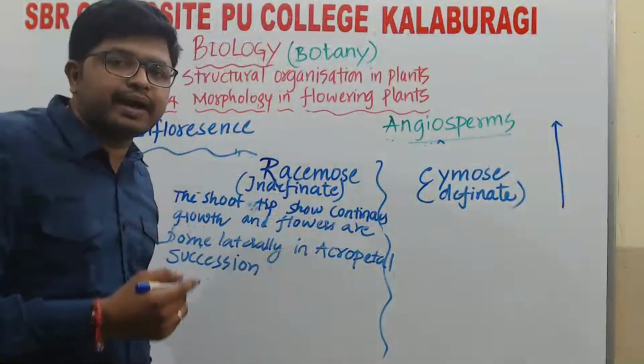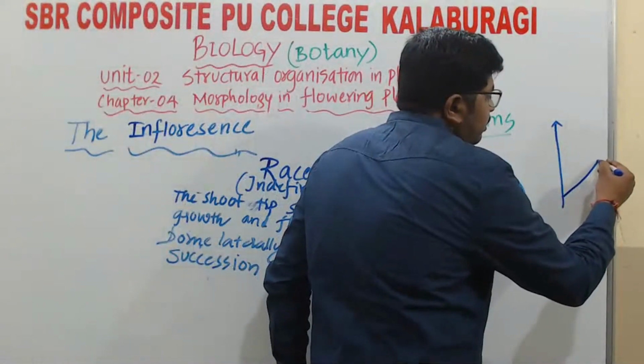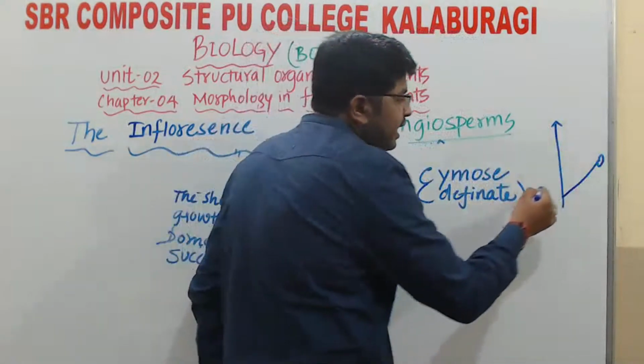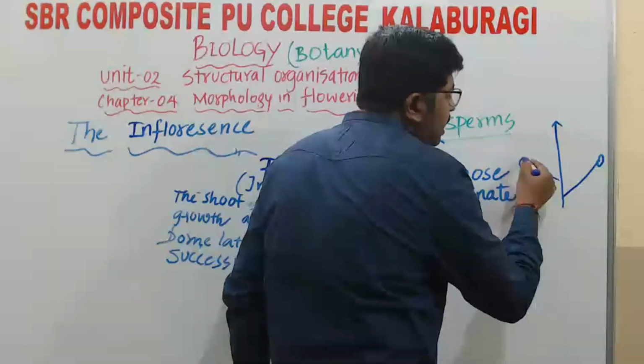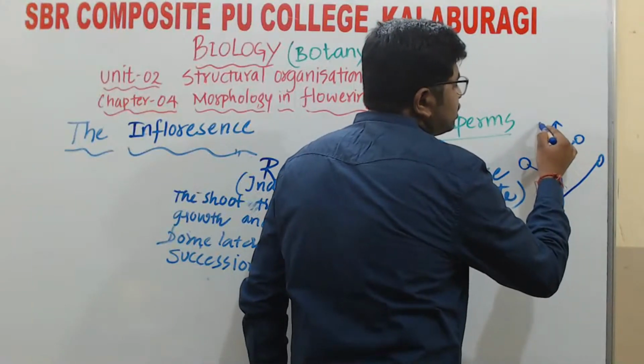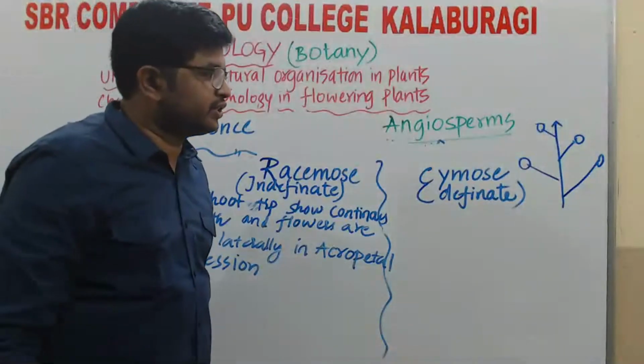What do we understand by acropetal succession? The older flowers are at the base, whereas the younger flowers are at the apex. Such an arrangement we call acropetal succession.